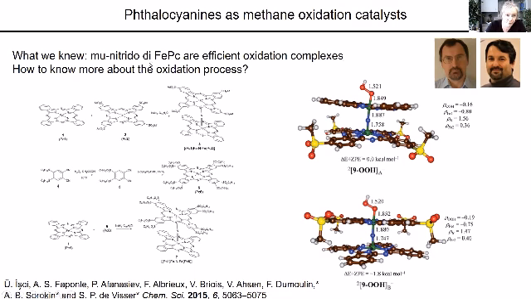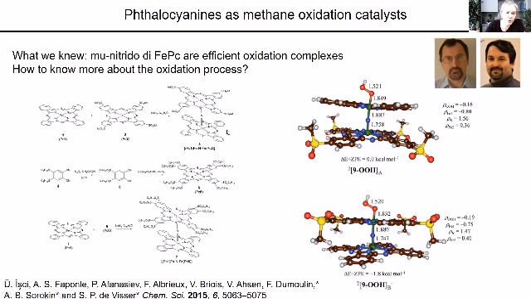So we have dimeric iron phthalocyanine. The basic structure is to have two iron phthalocyanine cores connected by a single nitrogen atom. This work was in collaboration with Alexander Sorokin in Lyon, France, and also still Unitisti.